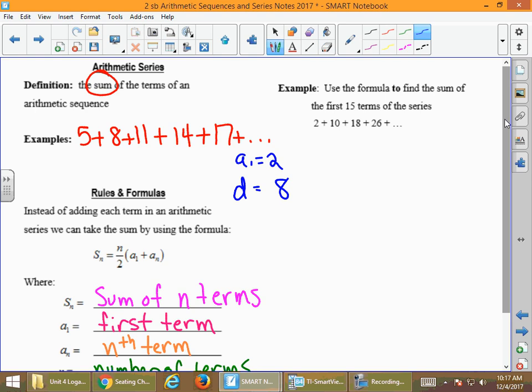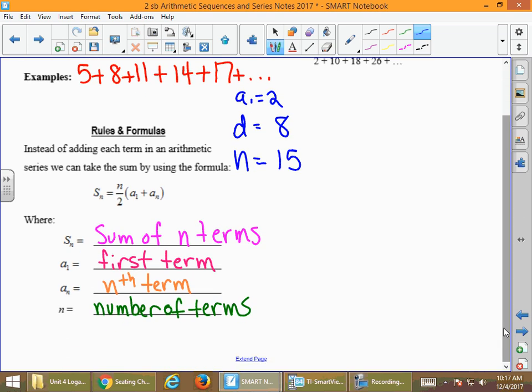It says, use the formula to find the sum of the first 15 terms. But as we look at this formula, S sub n equals n divided by 2 times A sub 1 plus A sub n, what we don't know in this problem is what A sub n, in this case A sub 15, equals.